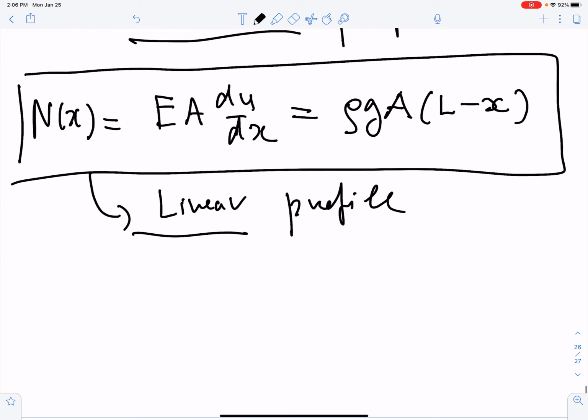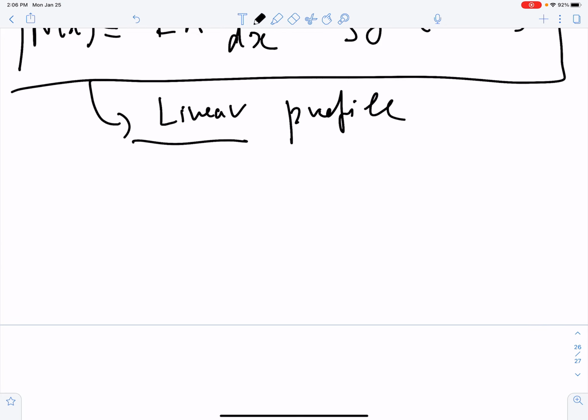Not so important now, but it'll become important later. Kind of understanding how displacements and forces distribute under different loading types. And so we can draw the displacement distribution.